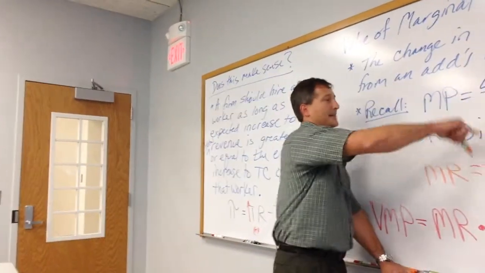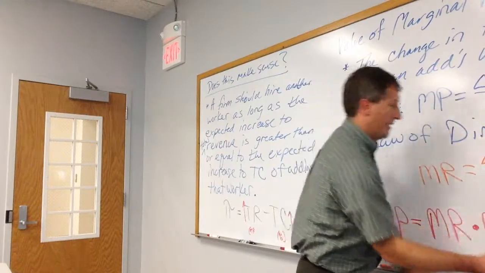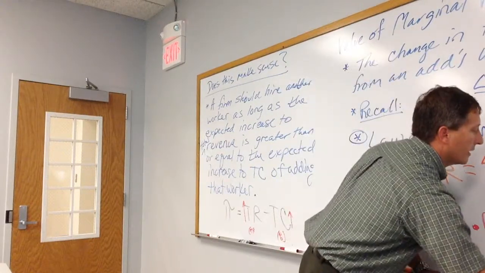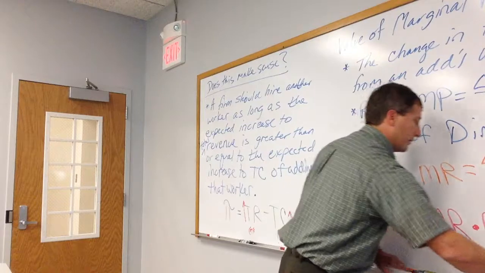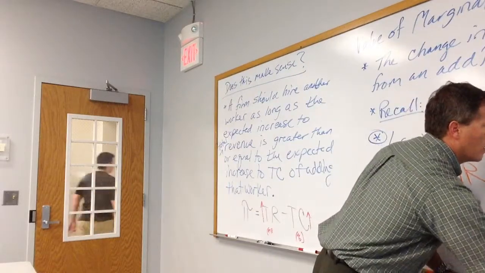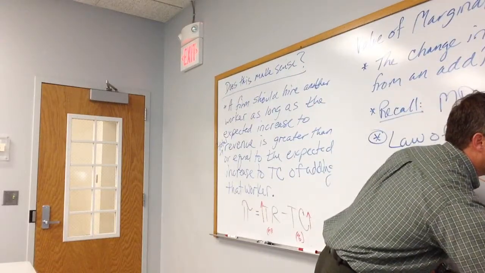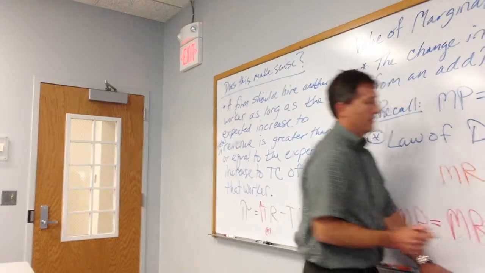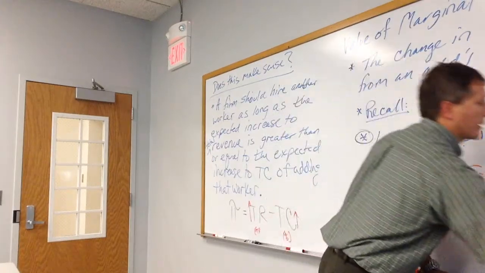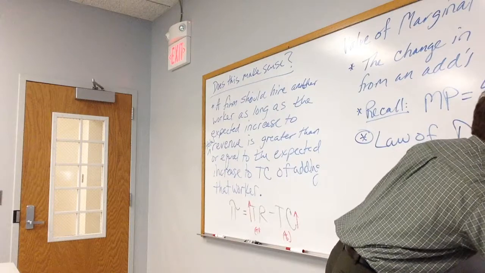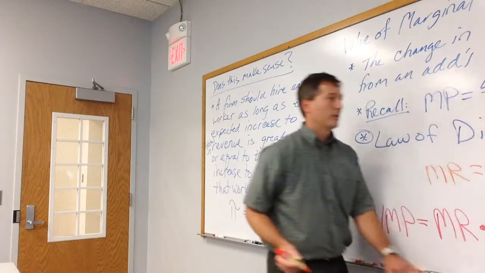Just plugging in these exact same equations tells the story here. The change in total revenue over the change in quantity times the marginal product, which is the change in quantity over the change in labor.